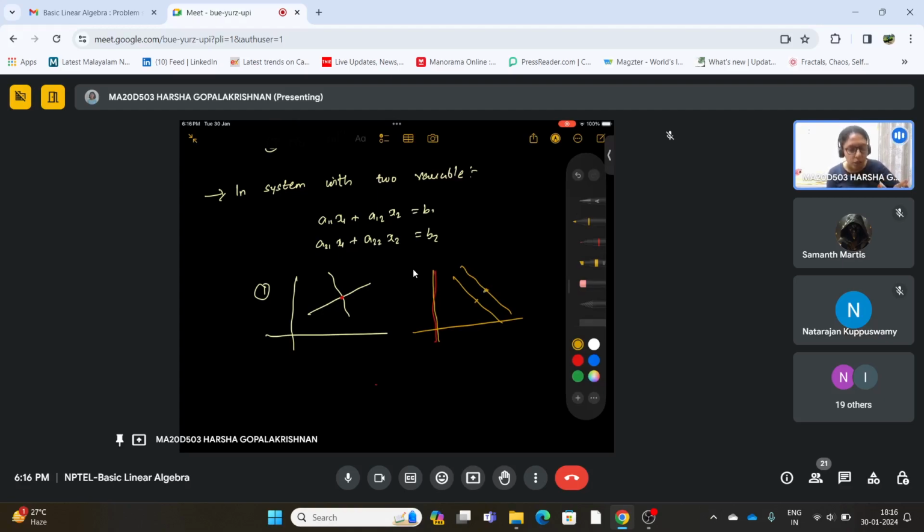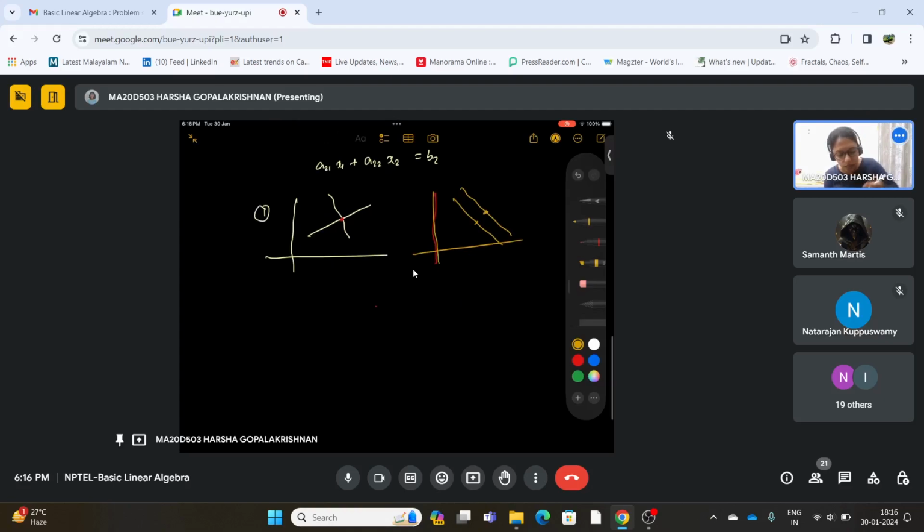And one more possibility is an infinite number of solutions. Infinite solutions means both lines coincide. So the first line and the second line are the same, and every point on the line is a solution. So we cannot find a system with a finite number of solutions greater than one.